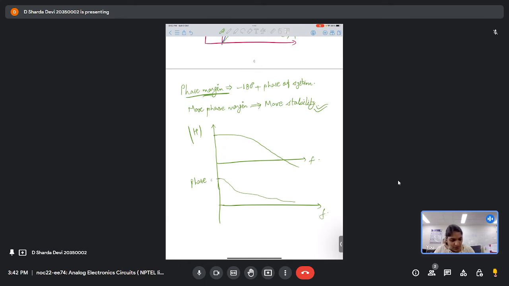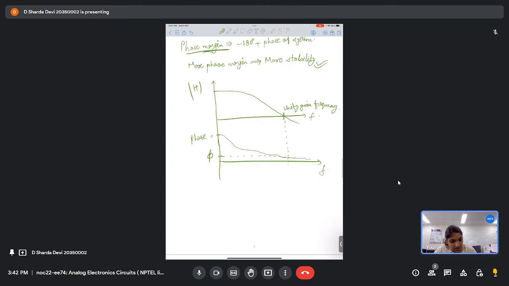It depends on what phase it starts from. Let's say this is your phase plot. You basically have to see, at your unity gain frequency, what the phase phi is, and your phase margin becomes minus 180 plus phi.